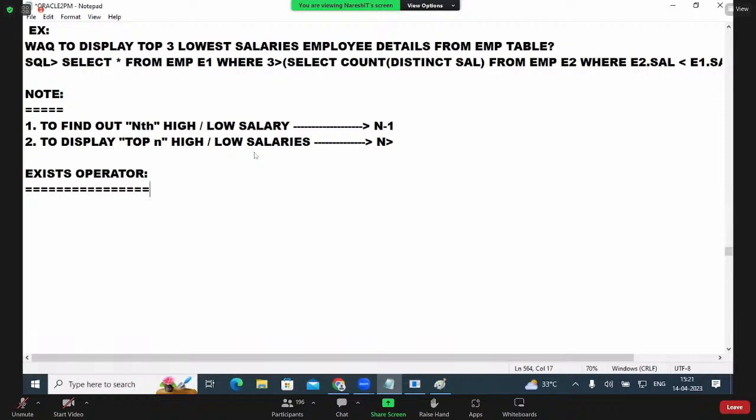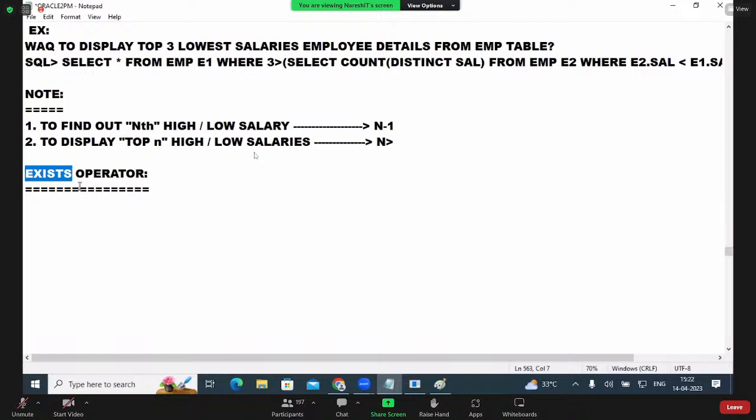This is one of the special operators, guys, and these special operators are specially designed for correlated subqueries only. You cannot use this operator in non-correlated subqueries. You never use it. It is specially designed to be used with correlated subqueries.